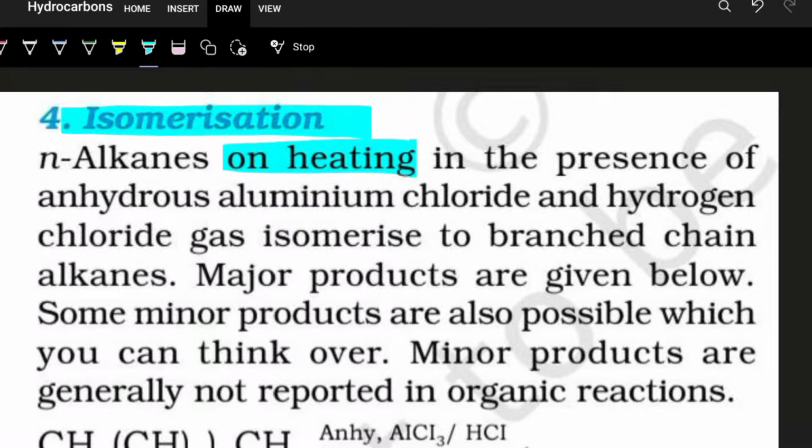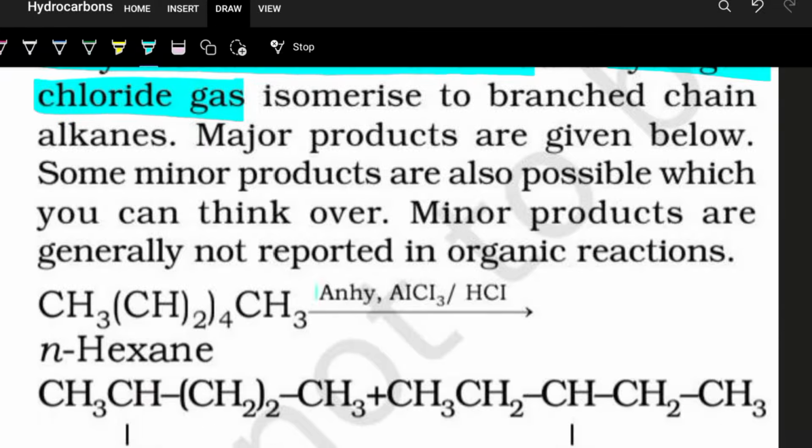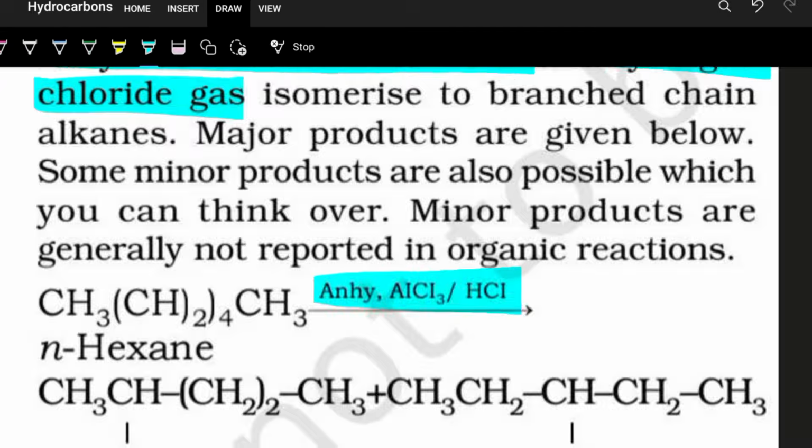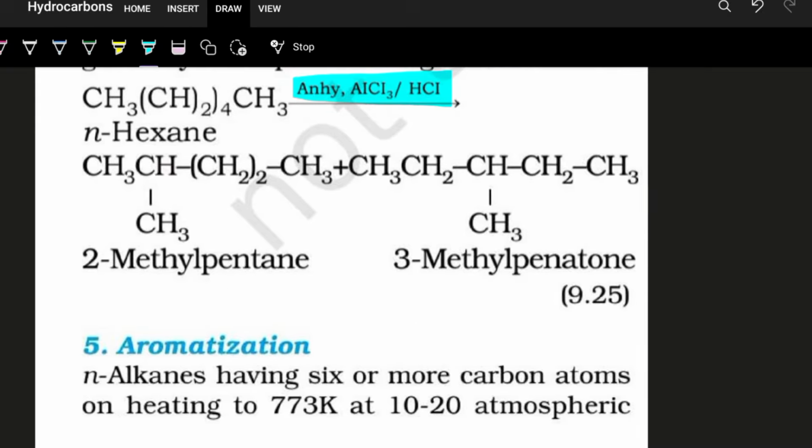On heating in the presence of anhydrous aluminum chloride and HCl gas, you get branched chain isomers. Here the minor products need not be reported. You write the major products, and this is the isomerization.